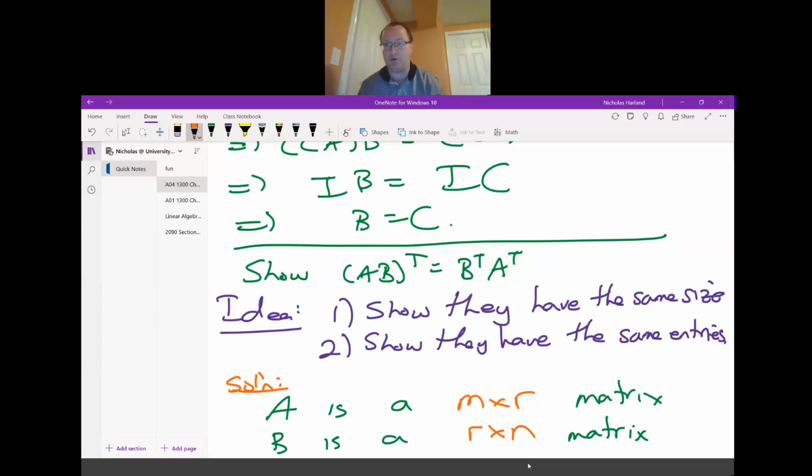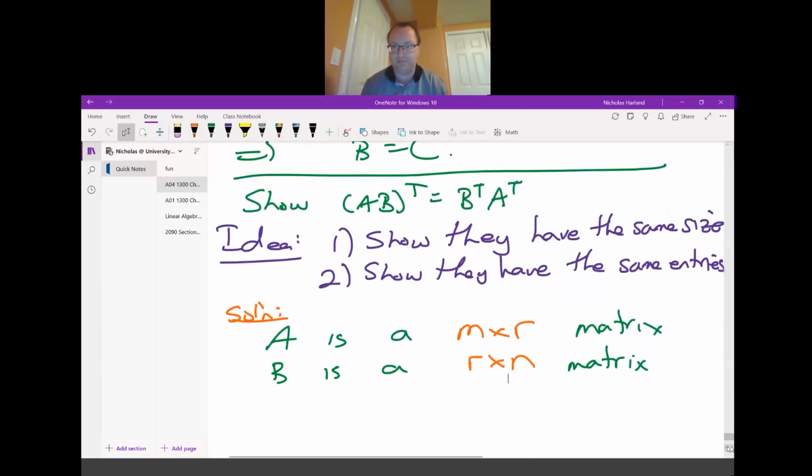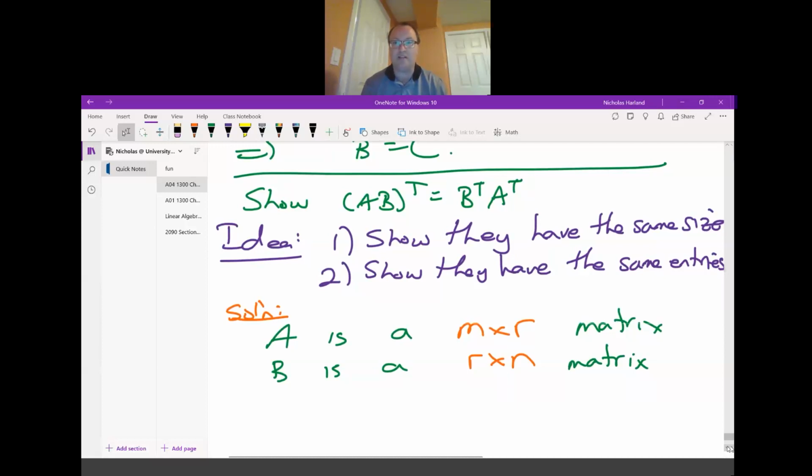So the number of columns of A have to match the number of rows of B in order for A times B to be defined. Why does B have to equal N? I don't see a reason why B, M, and N have to be the same.